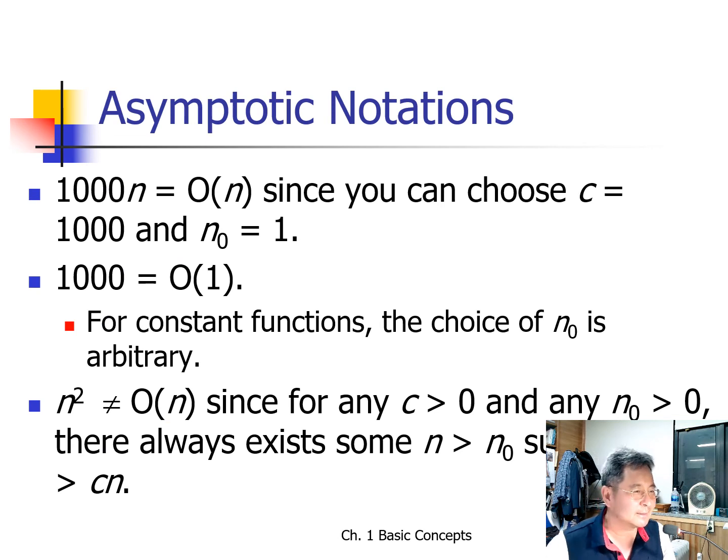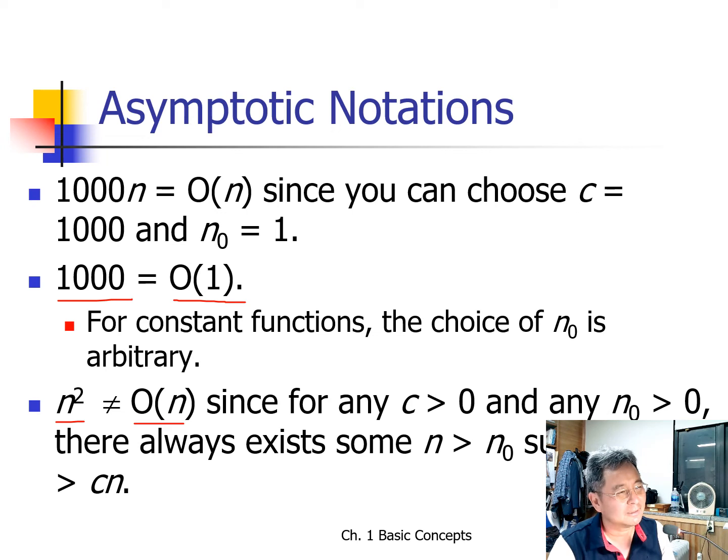So that's about how we can represent asymptotic notation. If it is a constant, we can represent it as big O 1. And n square is not big O n, because n square belongs to another class rather than n.